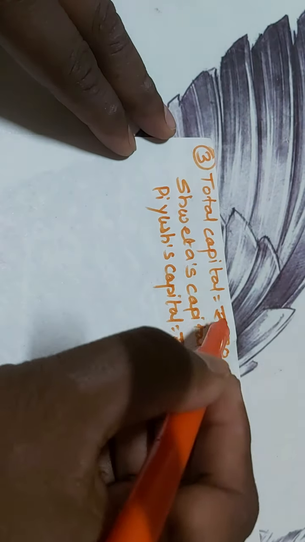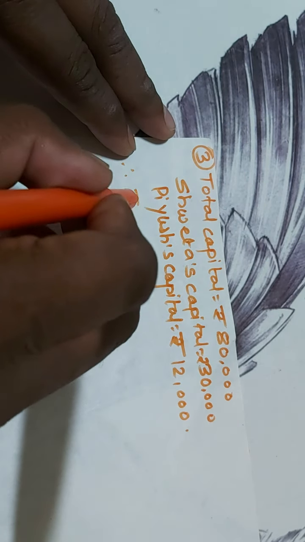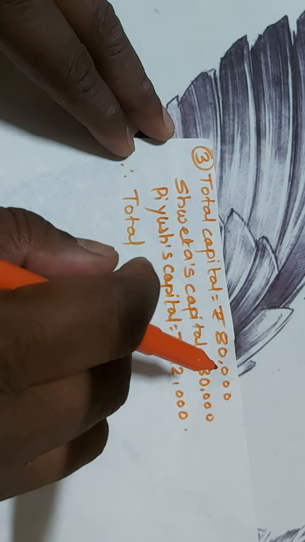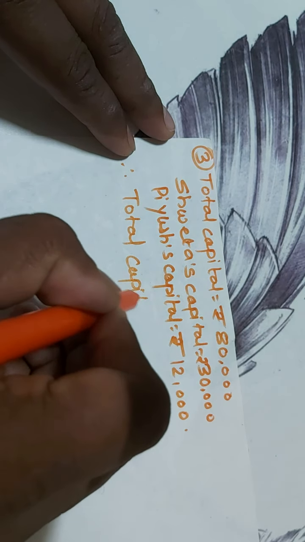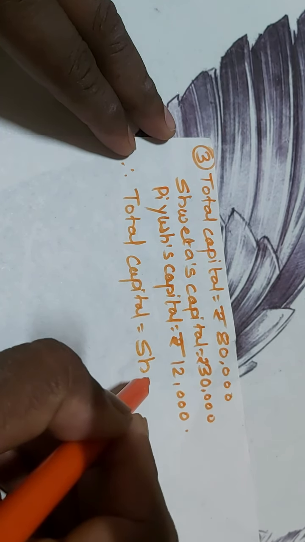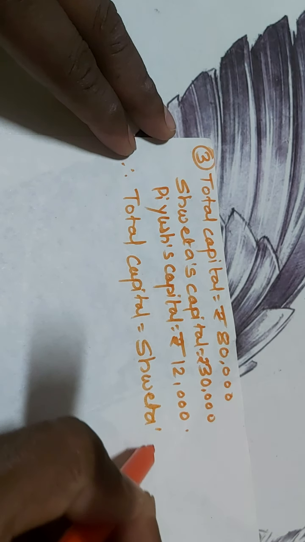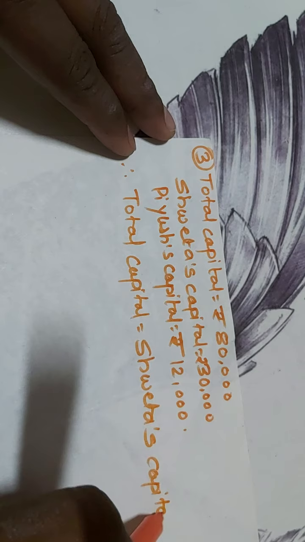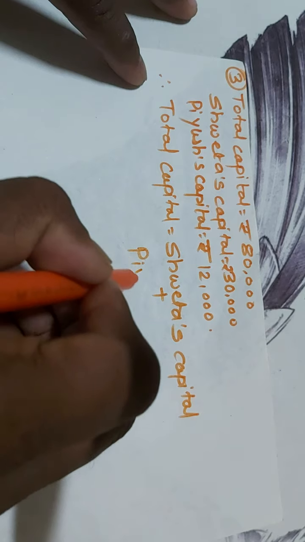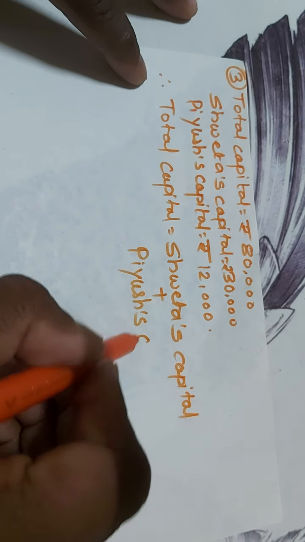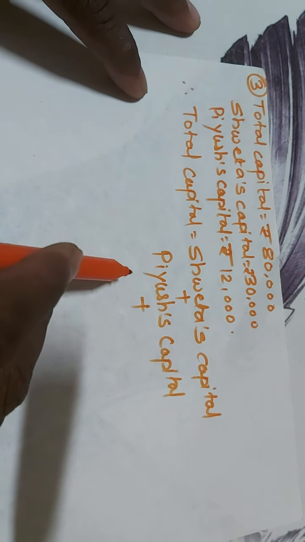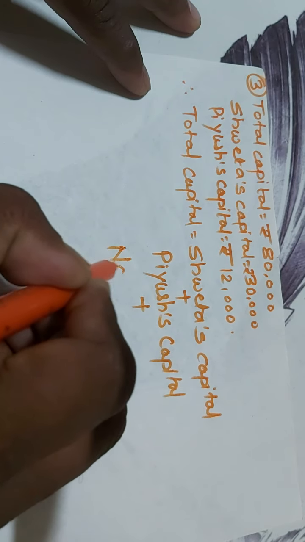Now we first have to find the total capital. How do we find the total capital? We have to add all. Sorry, we have to find Nachiket's capital. Total capital is given. These three we have to add now. Shweta's capital plus Piyush's capital plus, then the third one, Nachiket's capital.